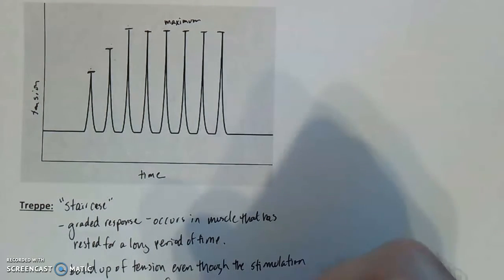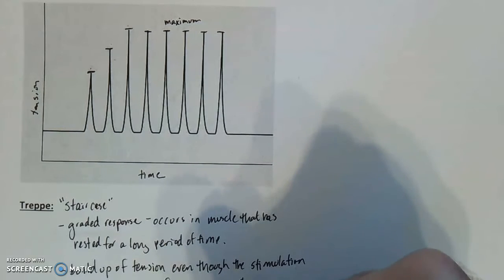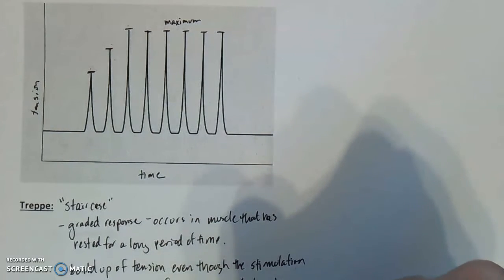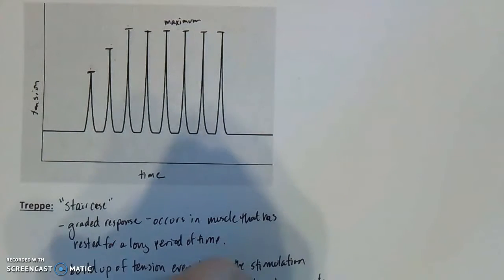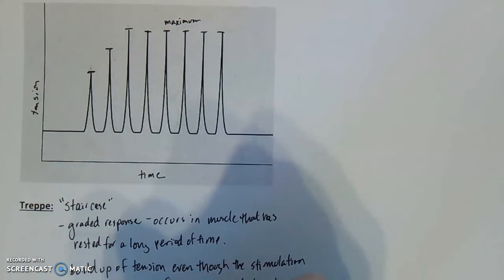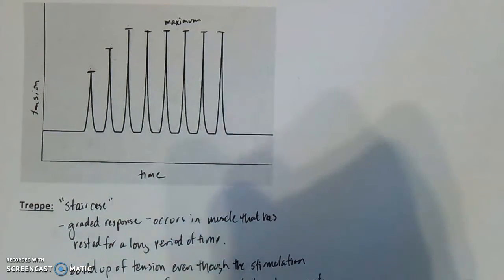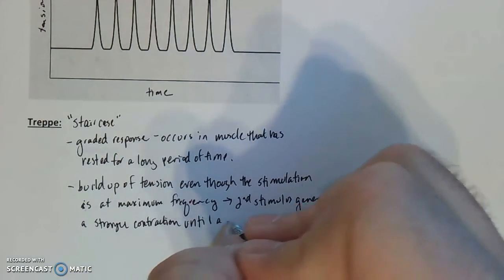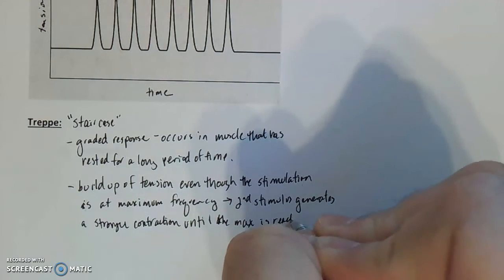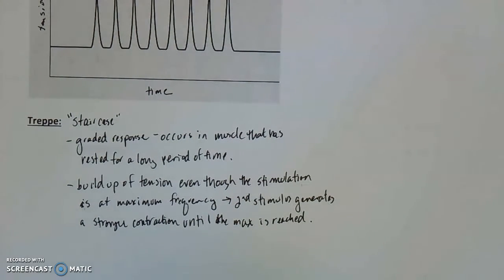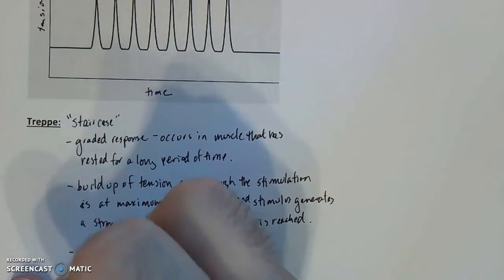So a second stimulus generates a stronger contraction until the max is reached. Now, this is due to calcium levels.